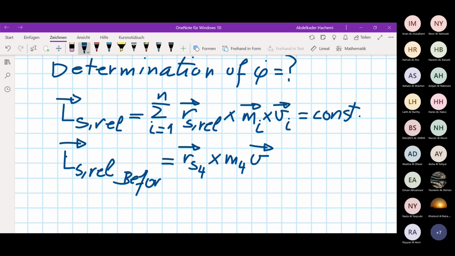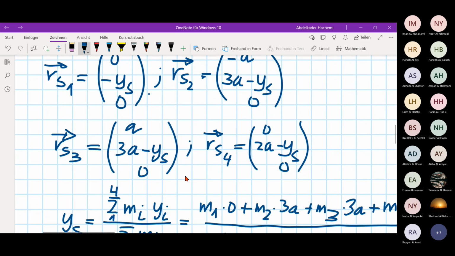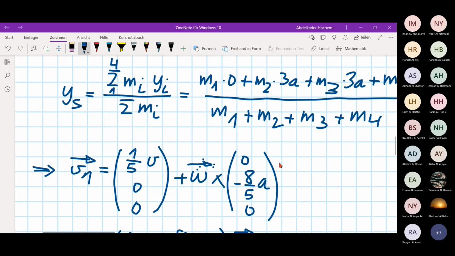Okay, then if we develop here, we will get as rs4, it's given by the following component in x, y, and z direction.